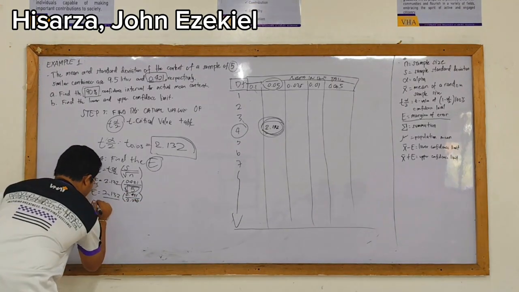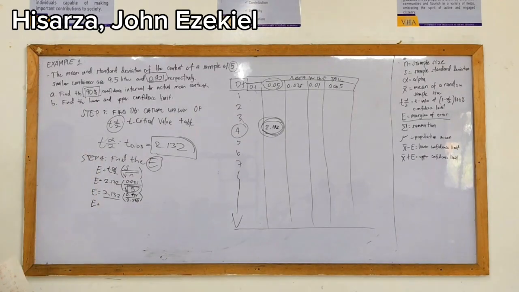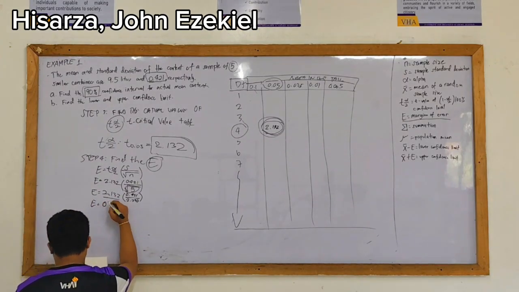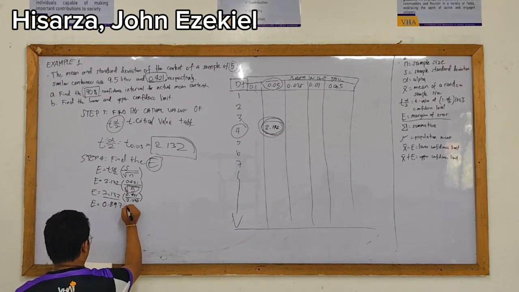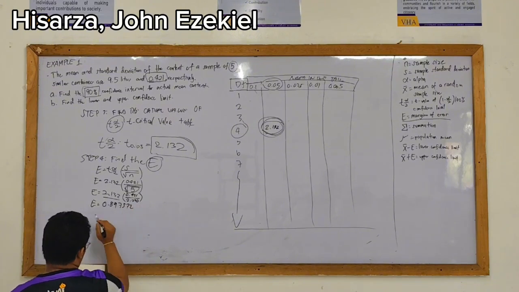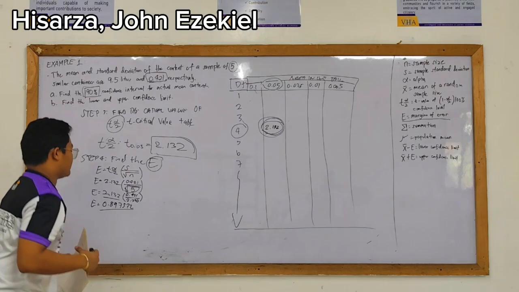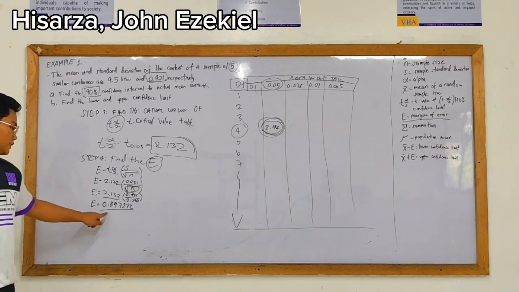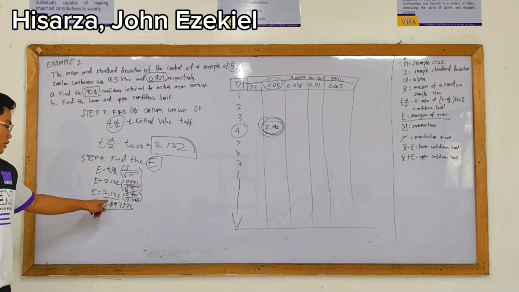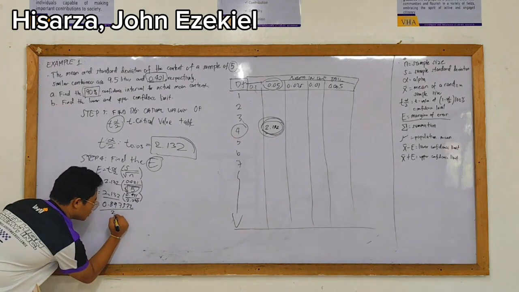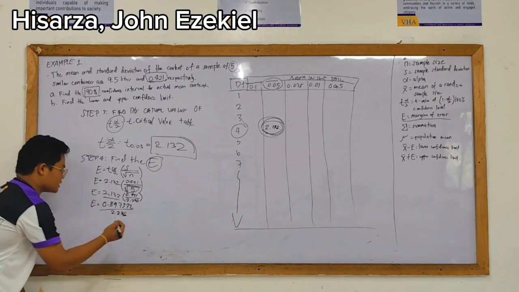Use your calculator and solve for it, and the value we're going to get is approximately 0.89752. This is our exact value, and we're just going to divide our numerator by our denominator, which is 2.236.